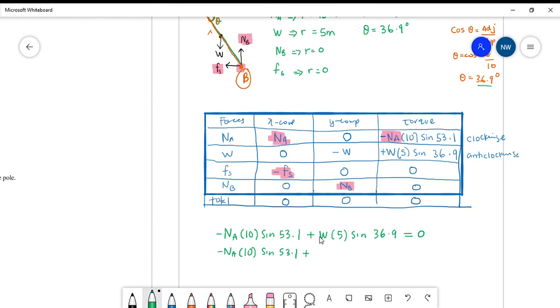Okay, W ni equals to mass darab gravity, which is the mass of the ladder is 5 kg. So 5 times G 9.81 times the distance 36.9 equals to 0. So when we solve this, we will get the NA equals to 18.39 Newton. Okay, 18.39 Newton.